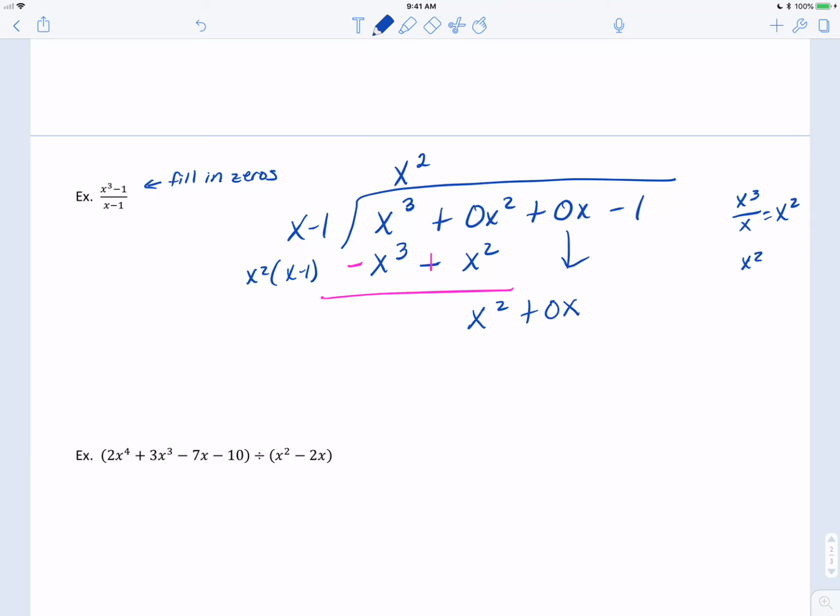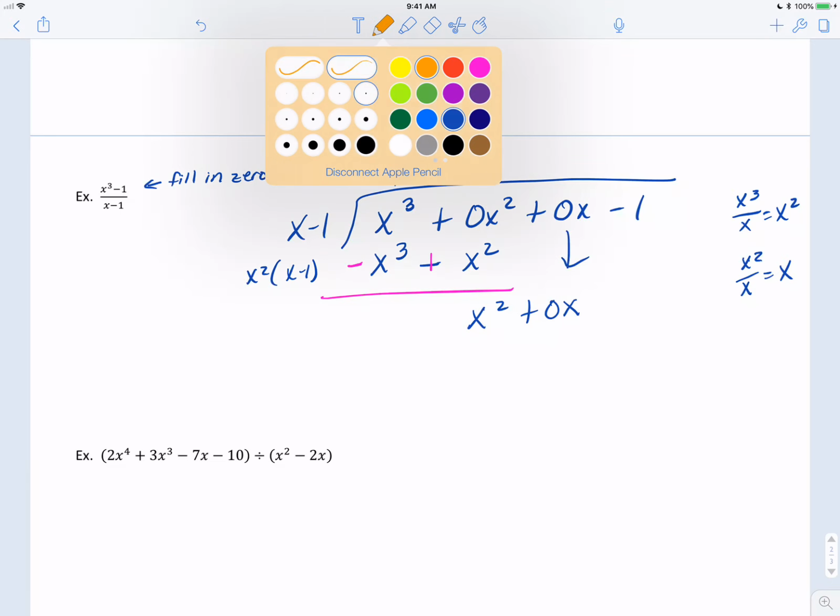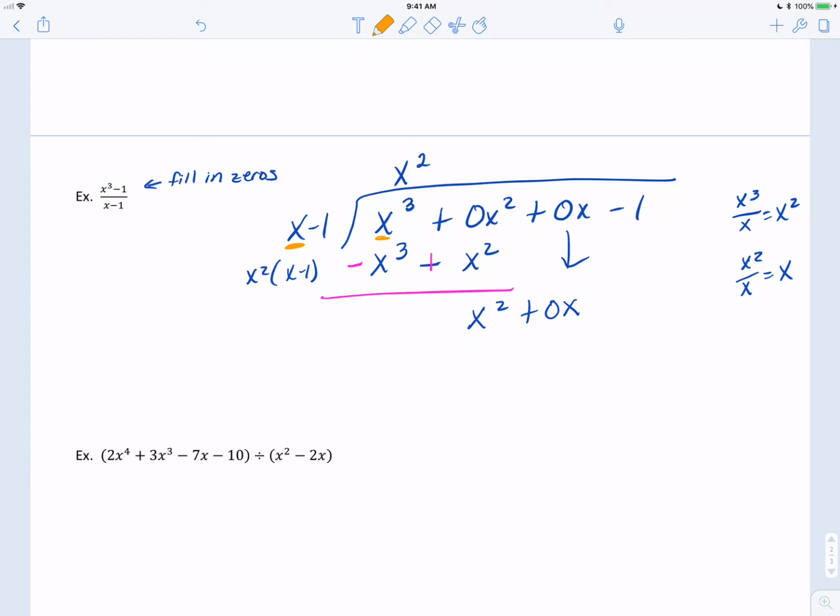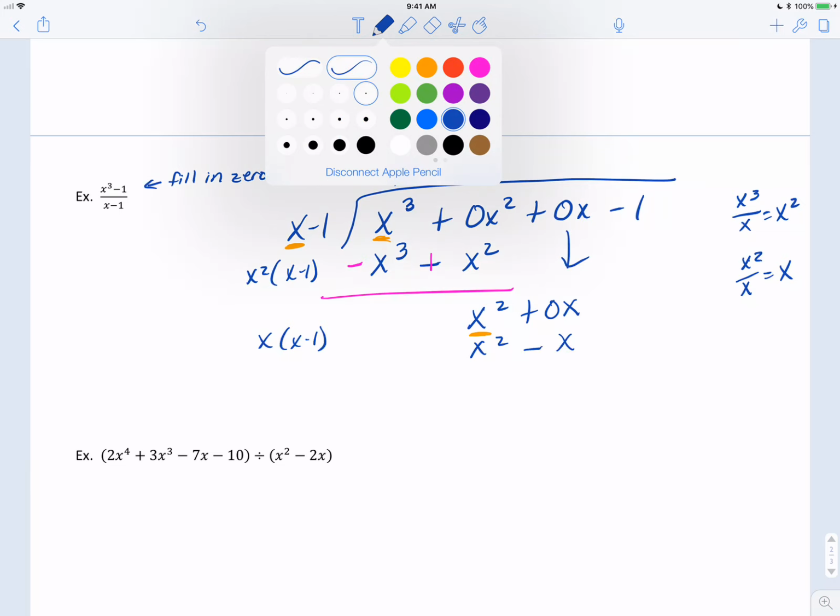Well, we've got x squared divided by our x. Because remember, all we care about is matching this to these first terms here. All right, so that is plus x. So x times the x minus 1, x squared minus x.